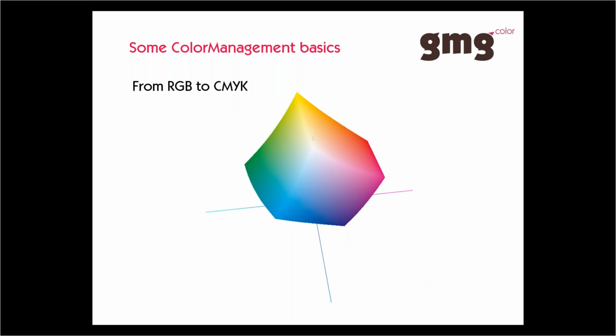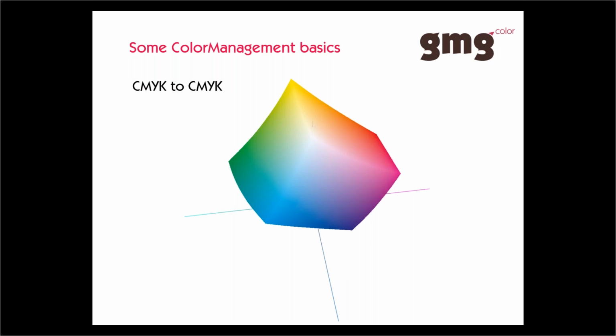So let's have a look at how several CMYK color spaces compare to each other. This violet color space is FOGRA 39, so ISO Coated version 2. And here we now see PSR LWC. This is a printing standard for publication gravure printing on LWC paper, lightweight coated paper.